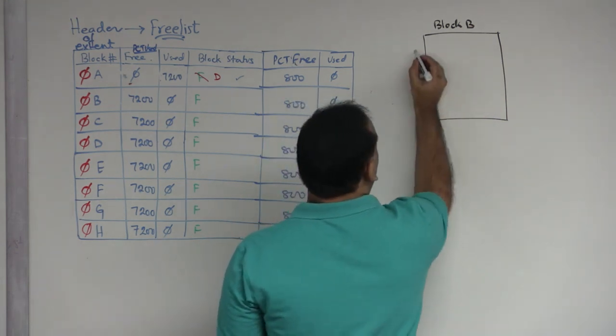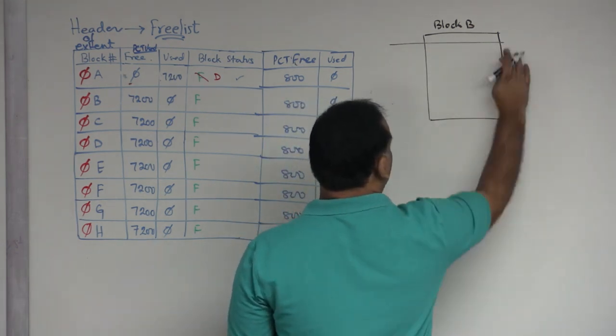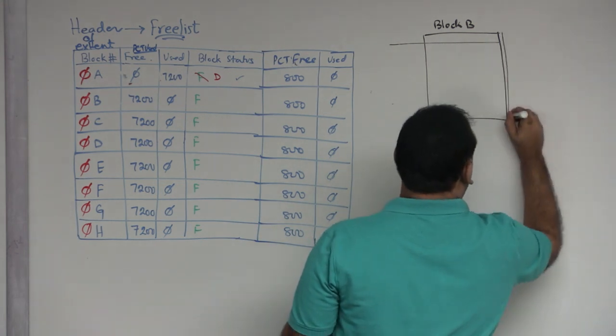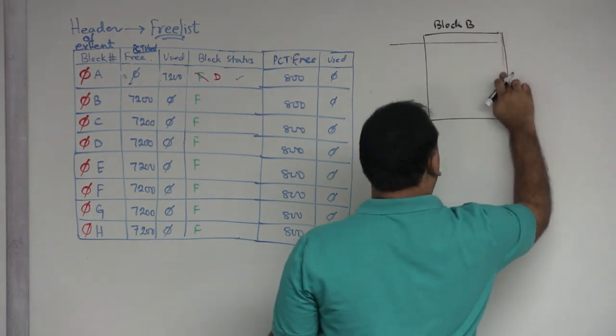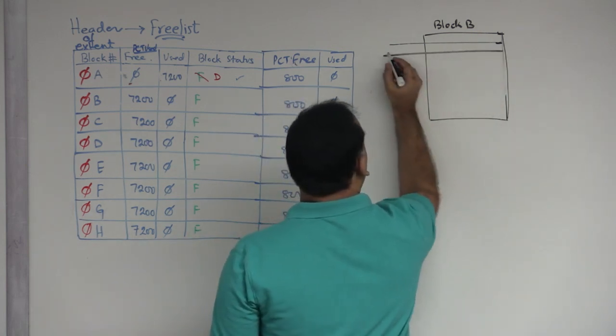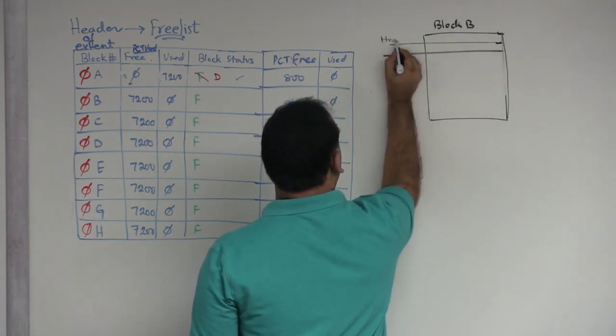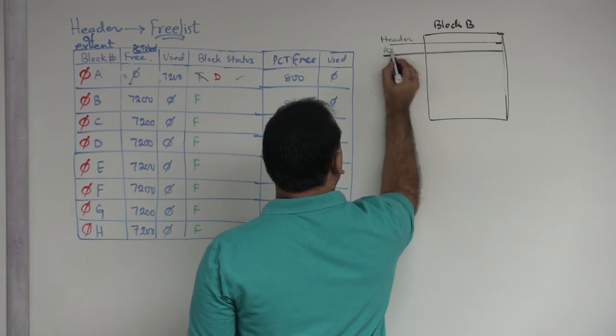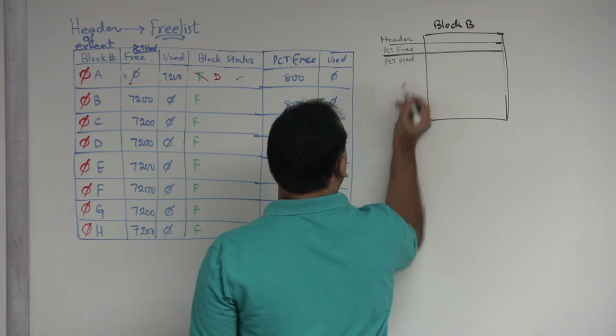So block B, we have the same structure. We have the header, PCT free, and then PCT used.